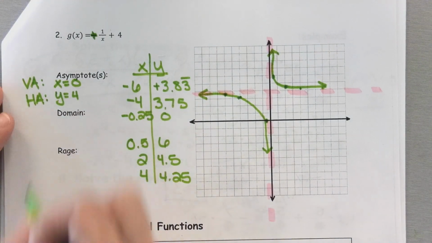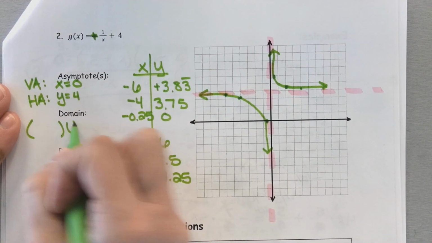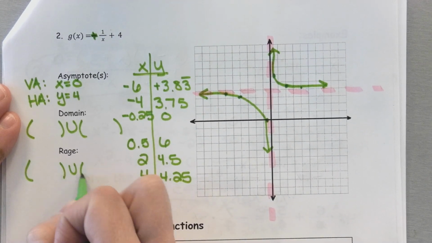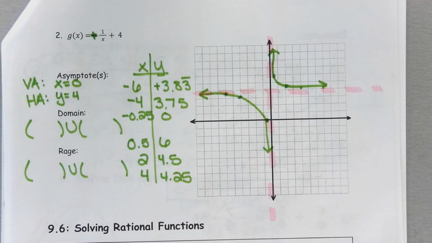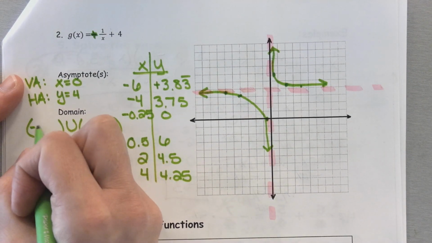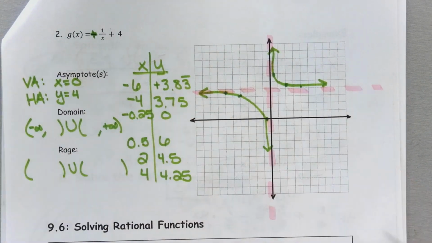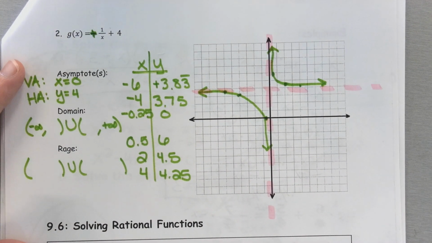All right, domain and range are going to be the same as what we had last time. So we're going to have this U in the middle. I don't think I talked about that much. U is for union. That's when you want both of these combined. So your domain is going to touch everything. Negative infinity to positive infinity. Except for what? So domains left to right.